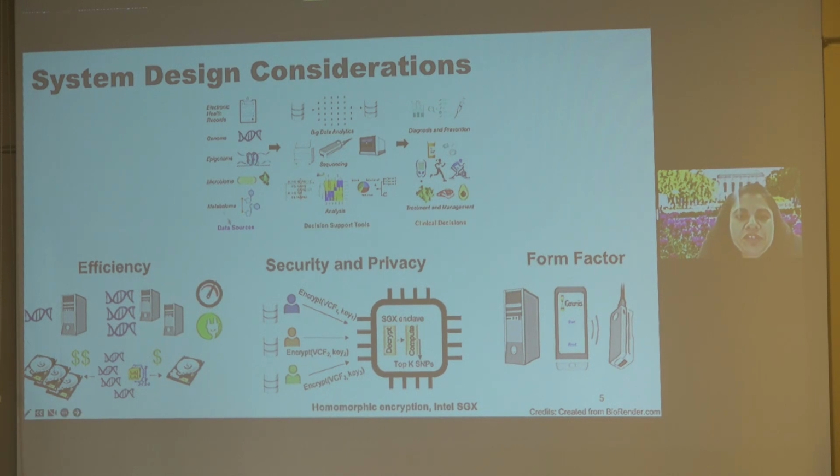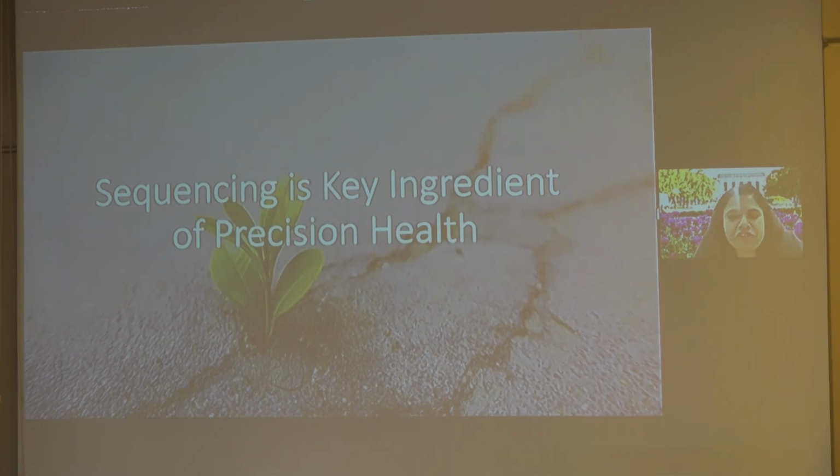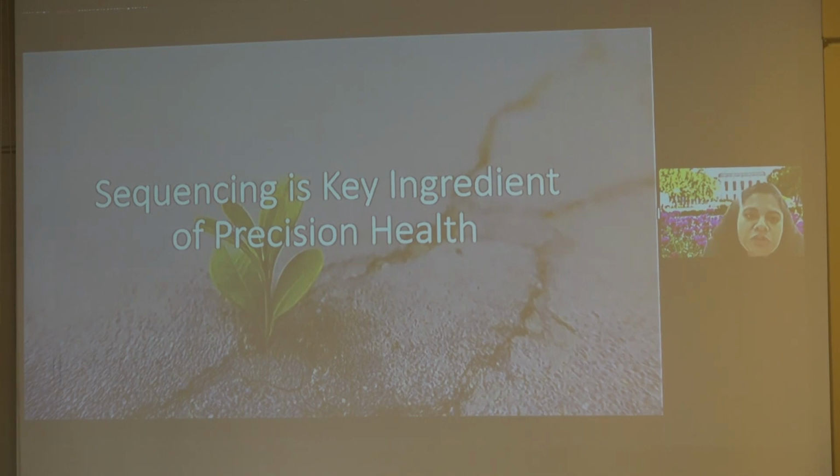As I was saying before, I'm going to focus on efficiency, and one of the things I'll focus on is digitizing these analog signals using sequencing. Sequencing is a very key ingredient of precision health, right? It is at the interface of biological data and digital data, which we need to analyze. It's also a very important form of signal which we can provide for precision health.